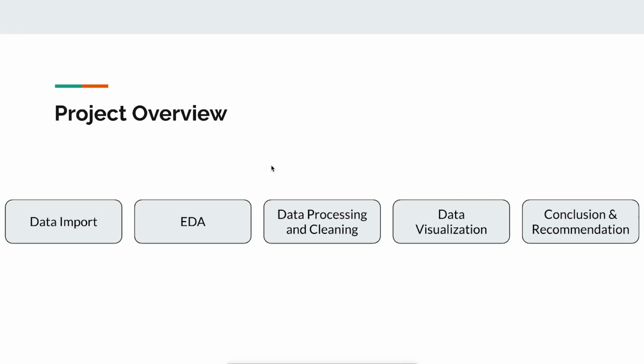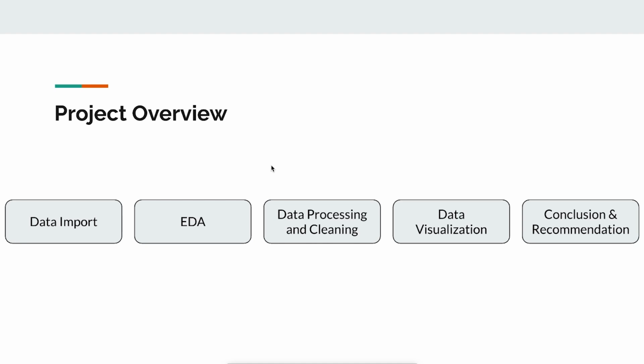So we're going to be going through these steps. First, we're going to learn how to do a data import. We're going to be importing our data from a CSV file into the Jupyter Notebook. And then we're going to be exploring the data through the process called EDA, exploratory data analysis, which is a crucial step in understanding what kind of data we have and how to pre-process and clean the data to make the best visualization.